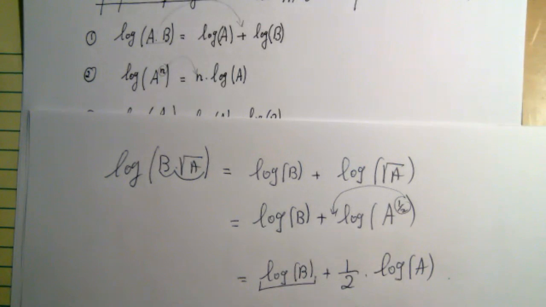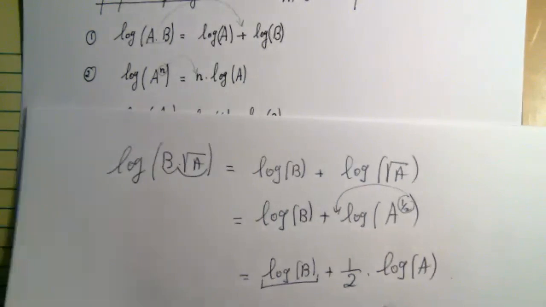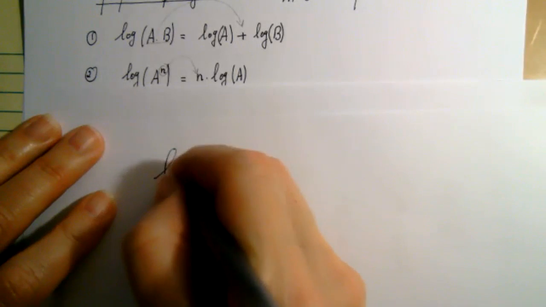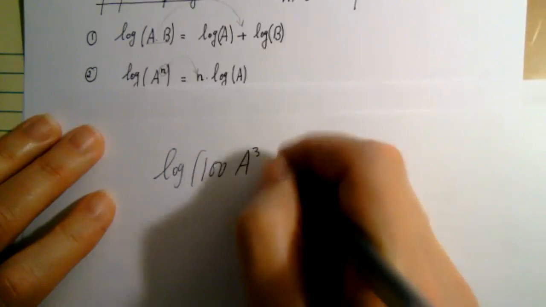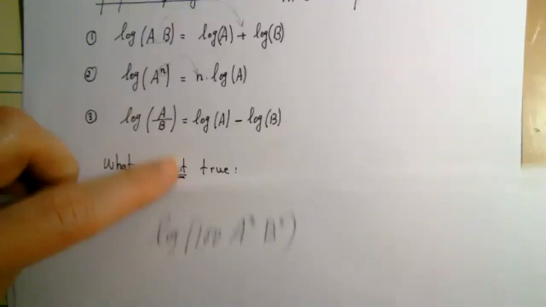Now the last one I gave was, usually I'm more organized, I'm losing the paper. Okay, the last one now is log of 100 A^3 B^5.